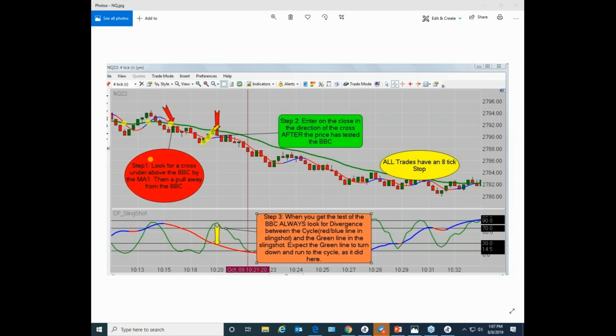So not only are you looking for that, but you're also looking for the down close. You're looking for a close in the direction of the trend. So this red, we got a red MA1, so then we should be looking for a red candle. What you're going to find out, and you're going to hear me highlight this later, is that when everything is the same color, that stacks all the probabilities in your corner on this trade setup.